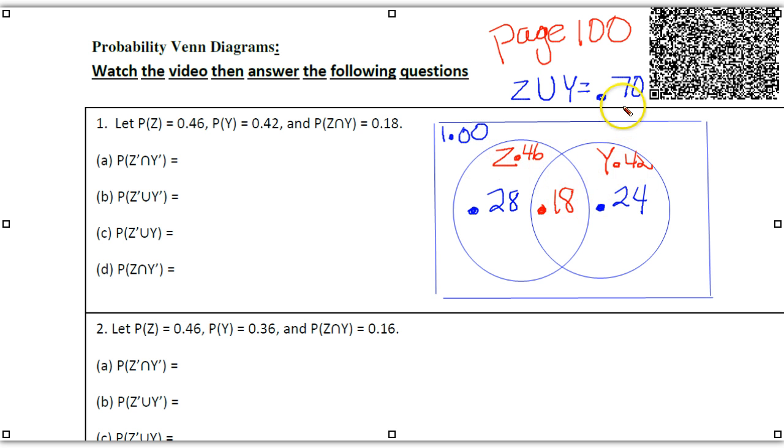And if we subtract 0.70 from 100%, we get out here 0.30. So we will keep these figures in mind as we do all of these Venn diagrams, and again, you can either take notes or follow along to see the pattern.